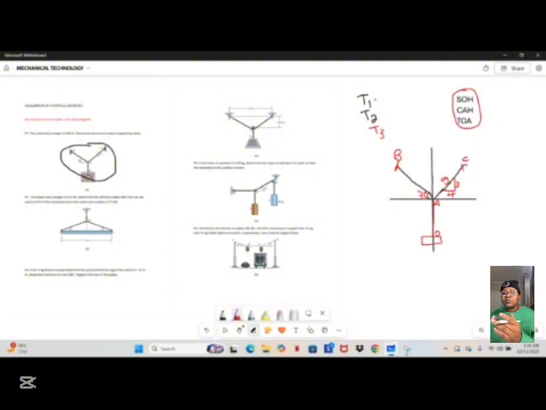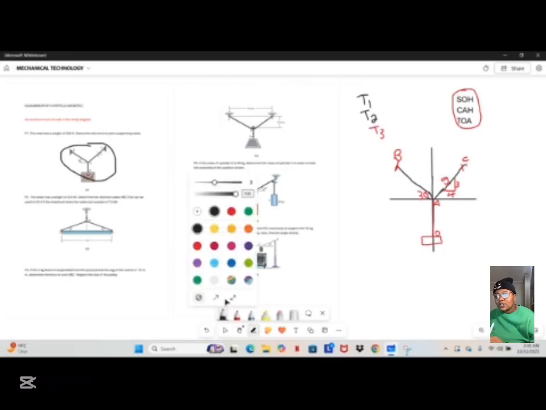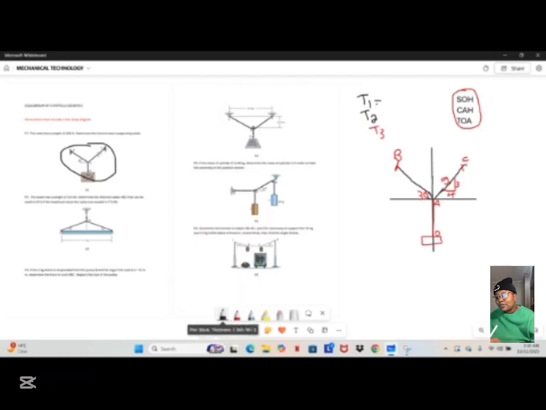Now we know that we can start on our free body diagram. Let's label T1, T2, T3 first before we go to the free body diagram. T1 is equal to AB.